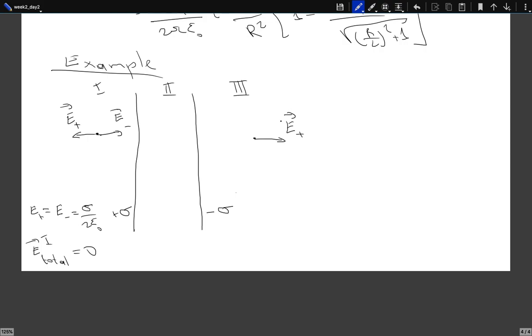Towards the plate. What about their magnitudes? Which one is larger? They will be equal. It doesn't matter which side of the plate we are. The electric field created by the plate always has the same magnitude independent of its position. Again, both of these magnitudes will be just sigma over 2 epsilon 0. So the electric field in this region will also be 0.